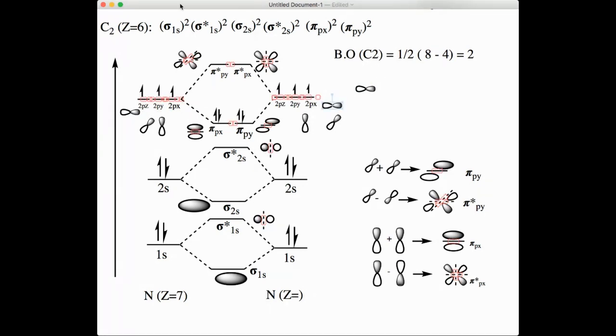So combining these p orbitals in phase, meaning that they are facing one another with the same phasing. So that would be something like this. Combining them in phase means that once again the two lobes facing one another have the same phase. That will lead to a bonding molecular orbital. I don't know if I'm going to be able to draw it. I hope I will. Let me see how I can do this.